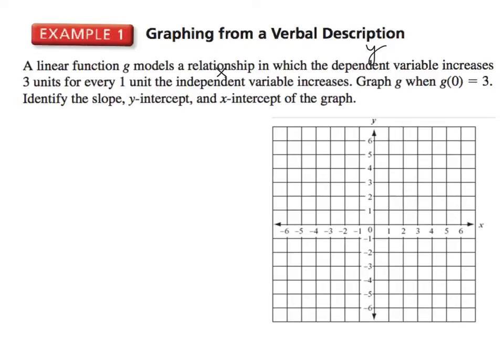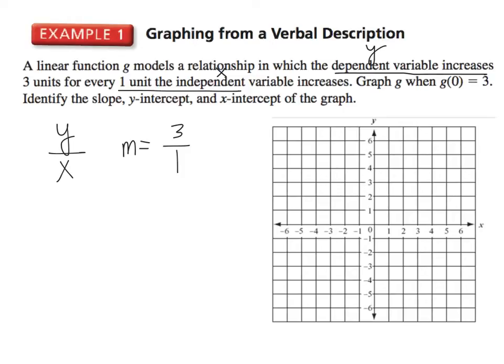So we know that the change in y, right here, the dependent variable increases by 3. So, change in y divided by change in x, the slope would be increases 3 for every 1 unit the independent variable increases. So that means my slope is 3.